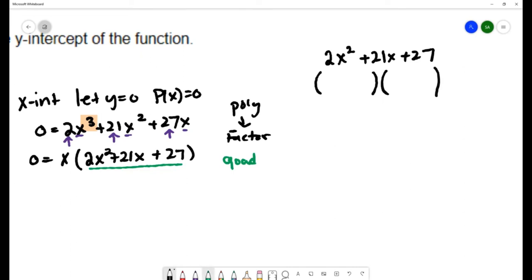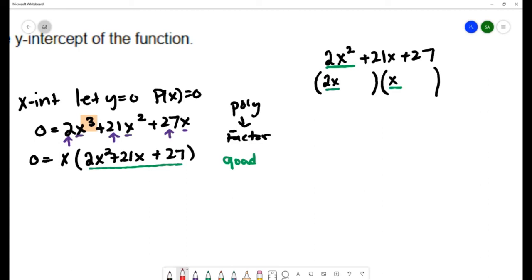The numbers that go in the front need to multiply to be this first term here. Luckily, 2 only has one pair of factors, 1 times 2, so we don't have a lot of guesses for what goes in the front. I can only put 2x and x. Those are the only pair that will give us 2x squared.